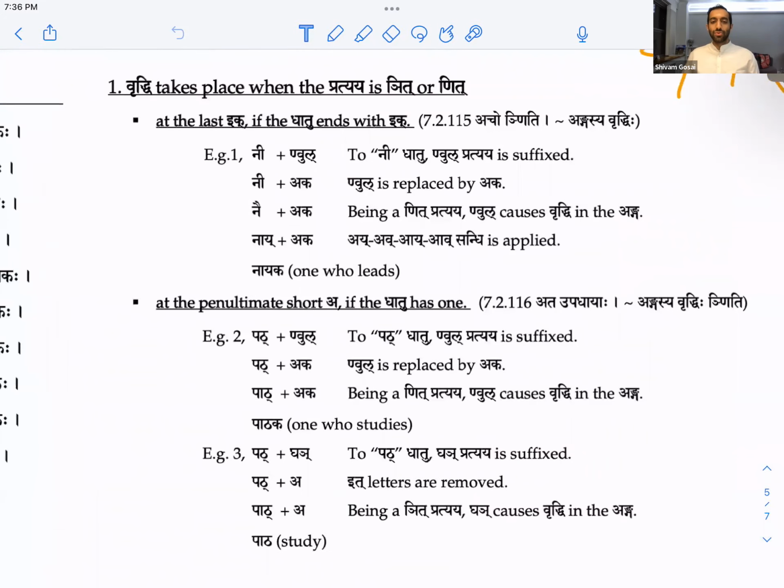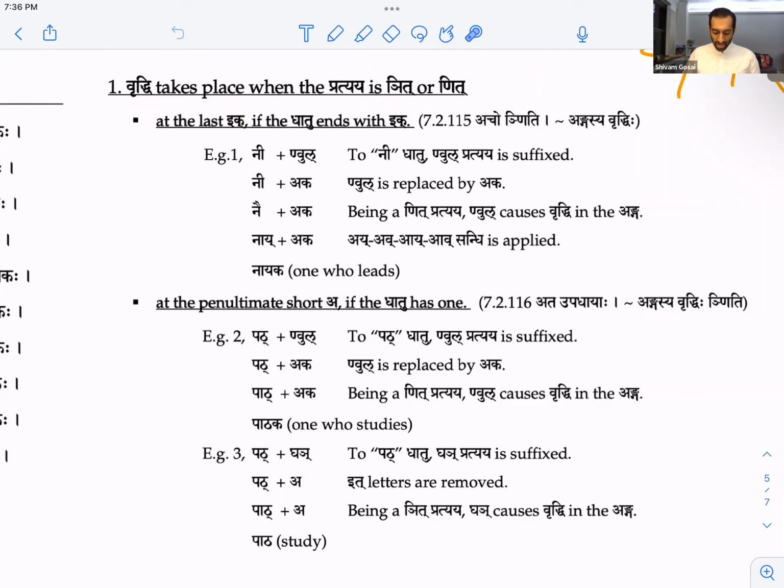This is one of the rules for how we know whether vriddhi or guna takes place. Here it says, when the pratyaya is nit, meaning the nakara is the it letter of the pratyaya, then vriddhi can take place.